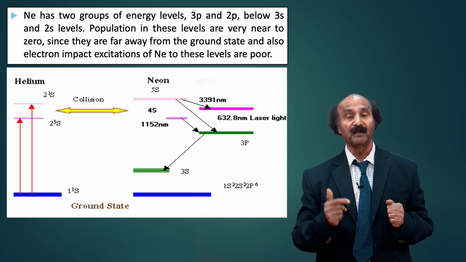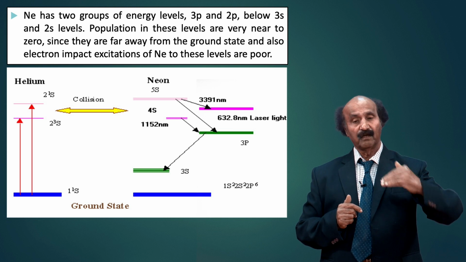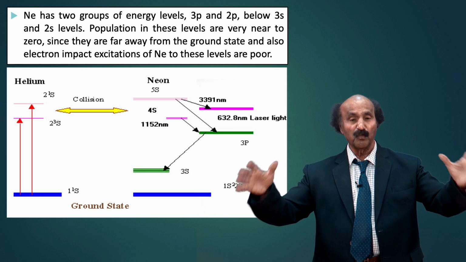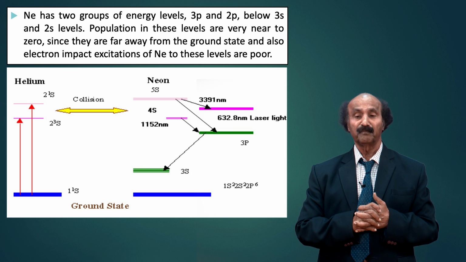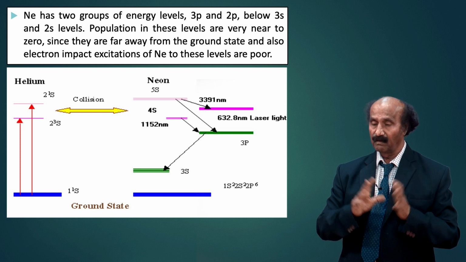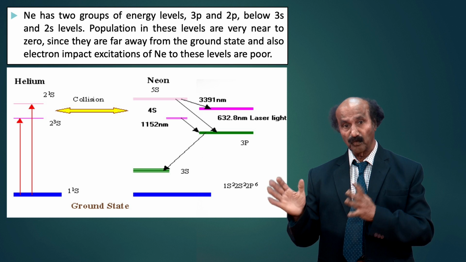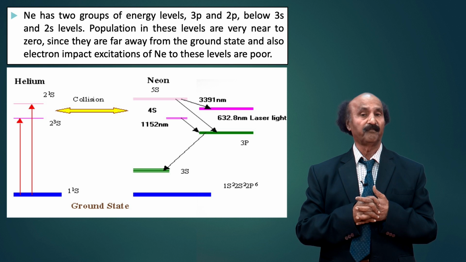Above that, you have a 3p level. On the left side, you have a 4s level, 5s level. Like that, there are so many energy levels. Why some of them are called S levels and some P levels, I am not going to describe. That is mostly in atomic spectroscopy, which you should have studied.